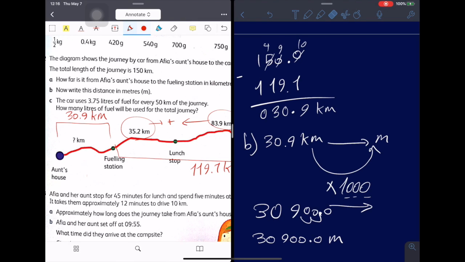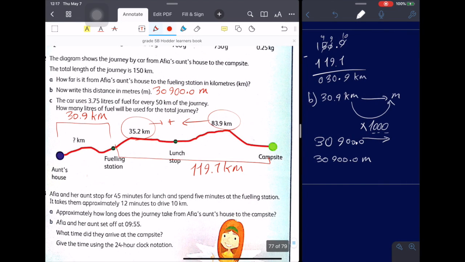We're not going to have any points here, so the point is going to go there. Therefore, the answer for part B is going to be 30,900 meters. Of course, you know that if you put a point, no matter how many zeros you put after it, the number is going to be the same for the sake of its value.